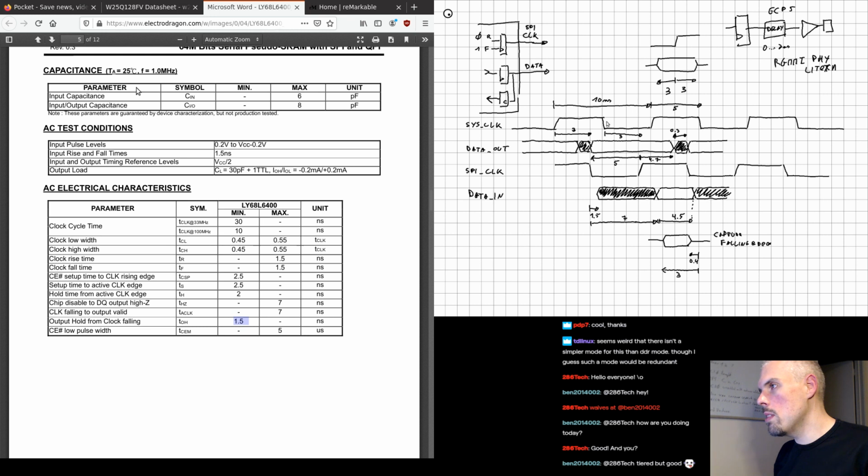Also notice that this rising edge triggered the output of that bit, and we sample it not on the falling edge that follows. We have to sample it one cycle later. So this entire thing had more than one clock cycle of latency, which is something you need to obviously take into account in your design.